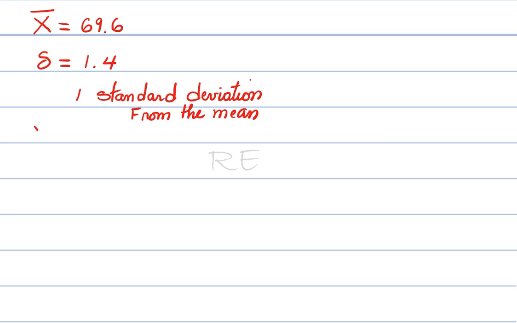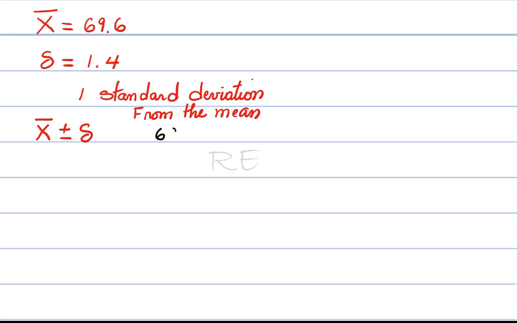So the mean is 69.6 and the standard deviation is 1.4. Therefore, we'll have 69.6 plus or minus 1.4.